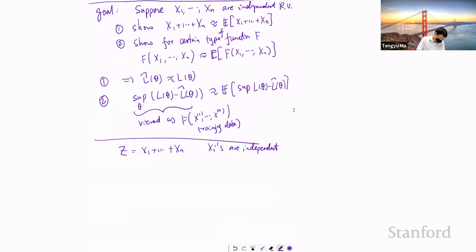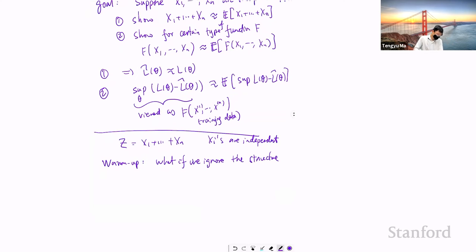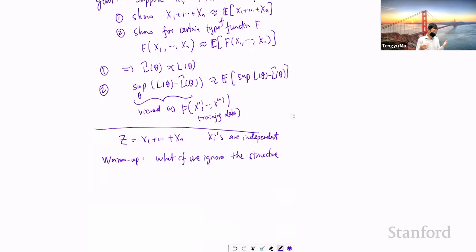So a warm-up: what if you ignore the structure of z? Obviously you know that z is the sum of independent random variables, but what if we ignore that structure? You can still show some inequality that says z is close to the expectation.